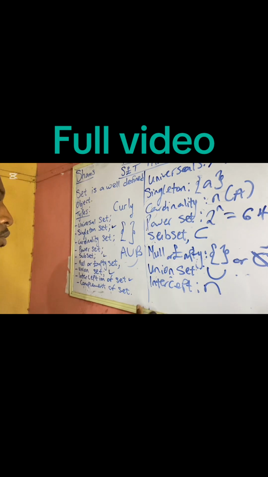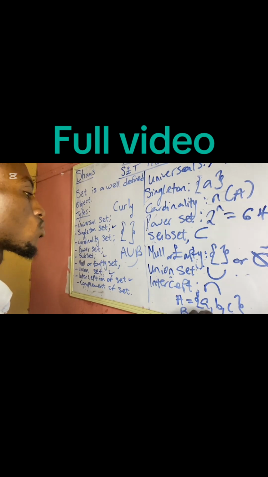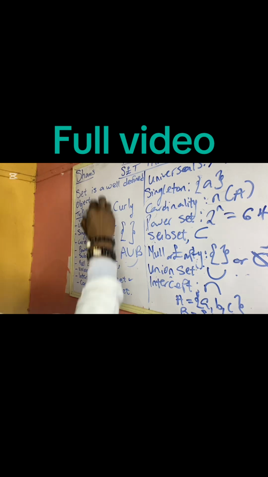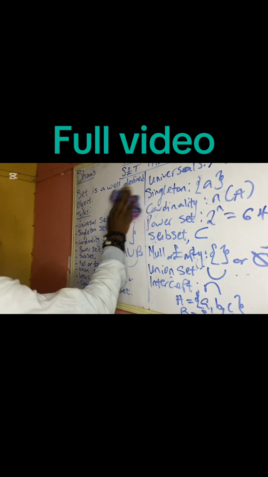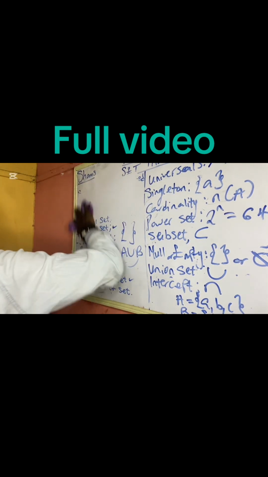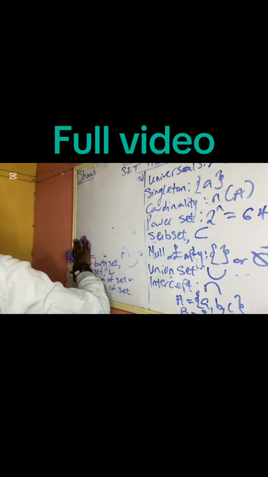Now this intercept set, we said we have set A to be equal to, as we always do it, A, B, C. Then set B to be equal to, let's take something new, C, D, E. Then that asks us, what is A intercept B?